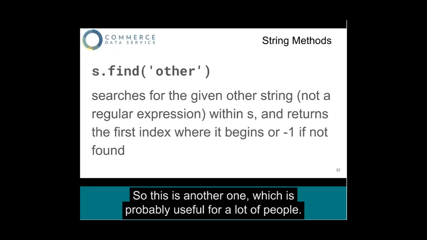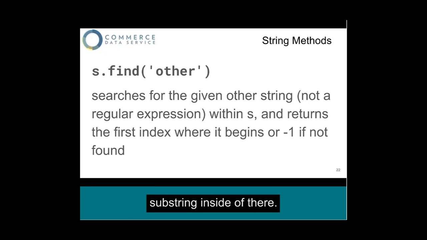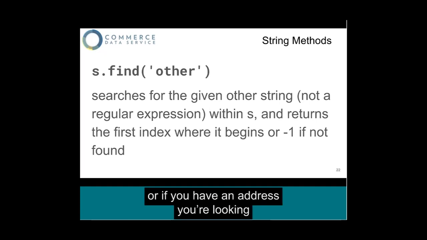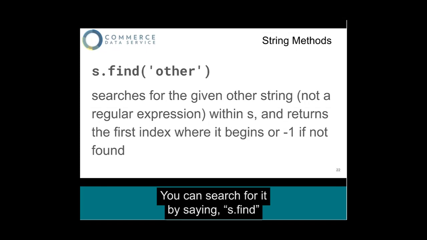So this is another one which is probably useful for a lot of people if you're trying to find a very specific substring inside there. If you have a very long string and you're looking for, I don't know, street or road, or if you have an address field and you're looking for a very specific thing in there, you can search for it by saying s.find, and it will look for the smaller string you pass along in the bigger string.